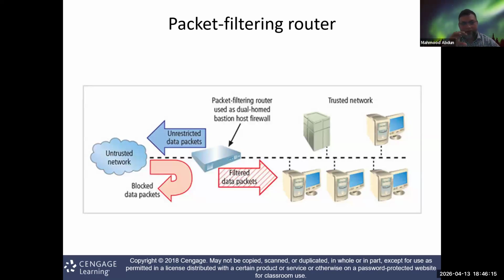So we write them down in the rule and they get blocked. So these packets don't get into our network. Therefore, for the remaining packets that go in, we assume they're good, filtered packets. On the other hand, we trust our local network, so we let all the traffic out. We don't double check who is sending to whom. We just let it through. So this is one of the ways of packet filtering.